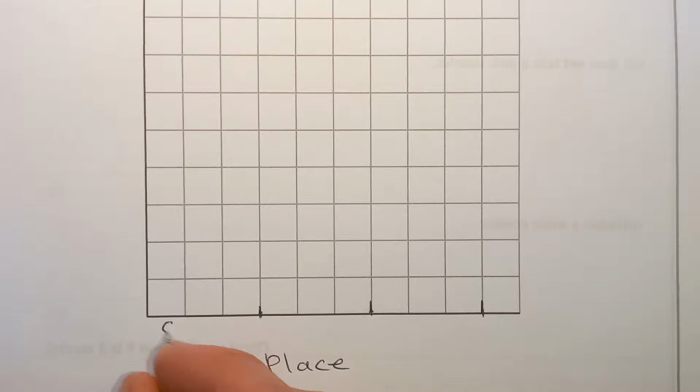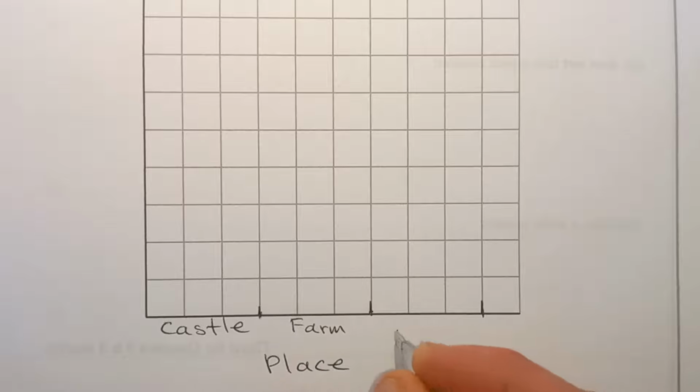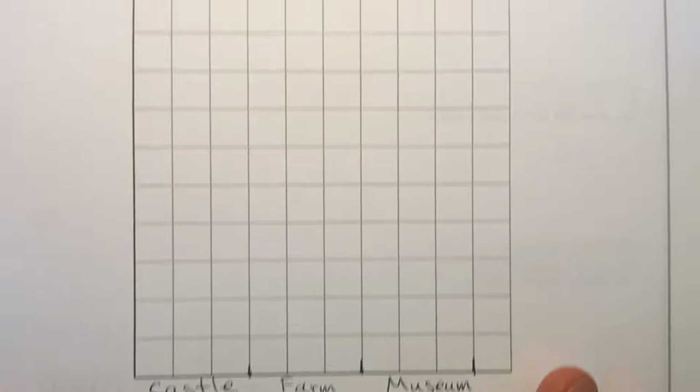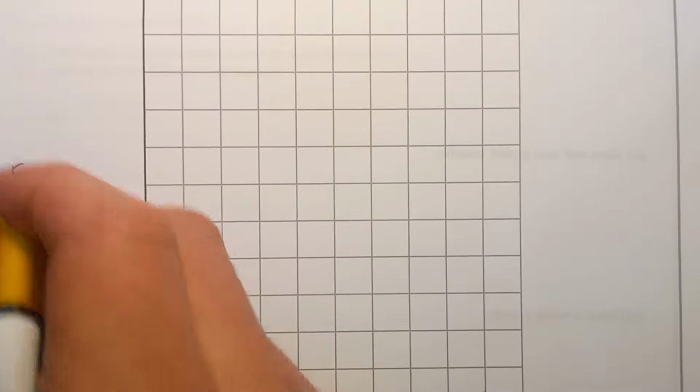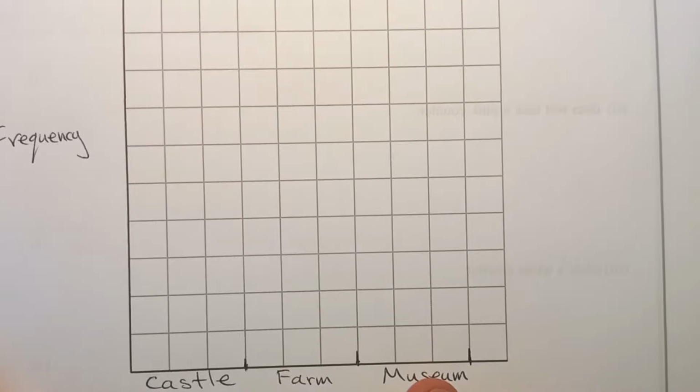So we're going to have castle, farm, and museum. And then we're going to have our frequency going up on the y-axis. And the highest number we had was 11. So let's just check we can fit that all in.